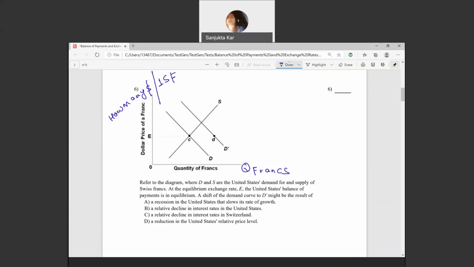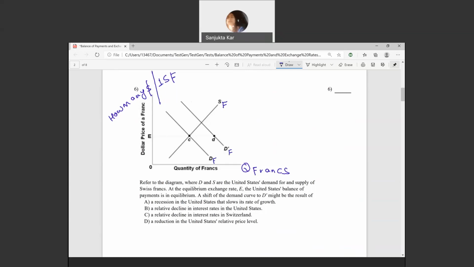Now, I have the quantity of francs on the horizontal axis. So this supply curve is the supply curve for francs, and the demand curve is also the demand curve for Swiss francs.